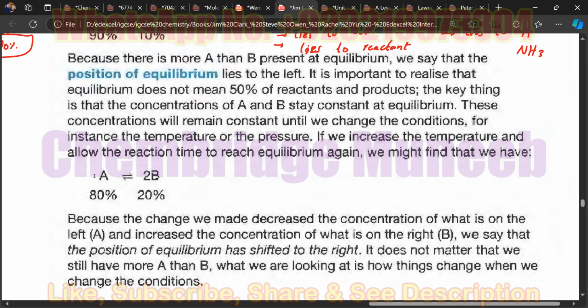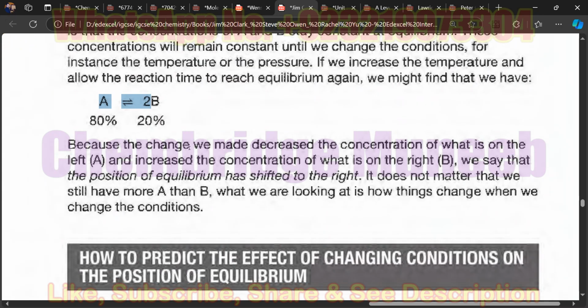Now there is another example in which A is 80% and B has now changed to 20%. Now what happens here? We say that the position of equilibrium has shifted.